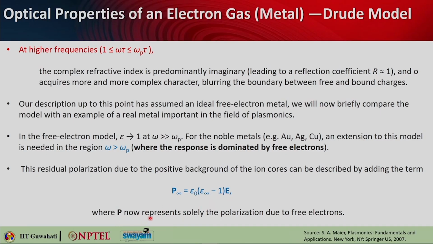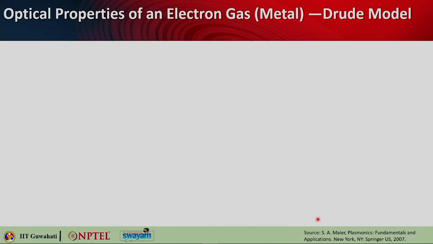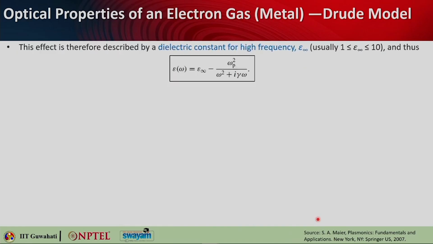This represents solely the polarization due to the free electrons. So you are able to find the contributions from both the free electrons and the background. The effect is therefore described by a dielectric constant of high frequency, which is called epsilon infinity, and usually the value of epsilon infinity is from 1 to 10.